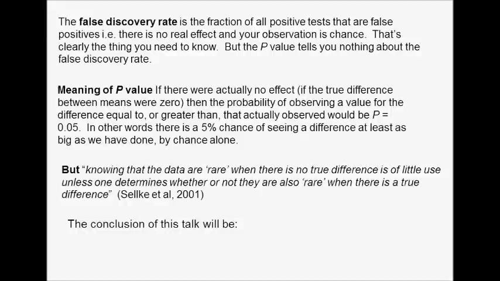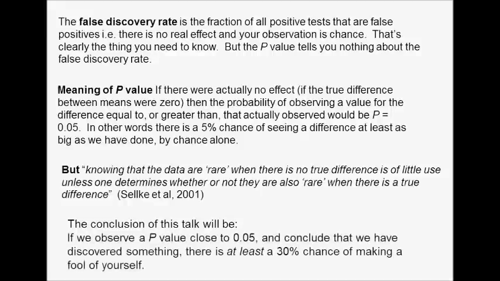To anticipate the conclusion, if we observe a p-value close to 0.05 and conclude that we have discovered something, there is at least a 30% chance of that being a false positive, and that we therefore make a fool of ourselves by claiming we've made a discovery when we haven't.